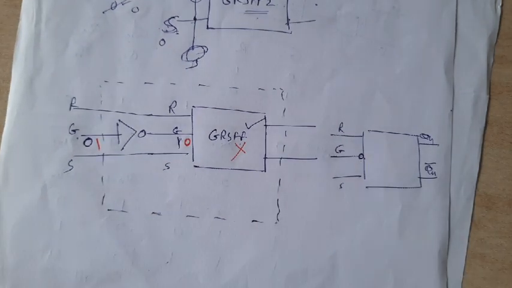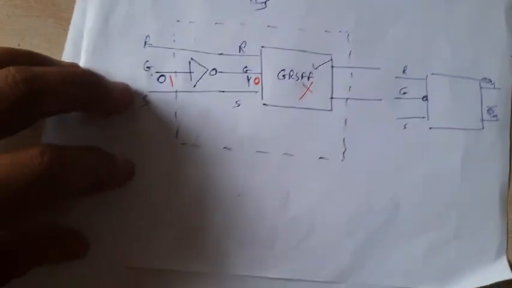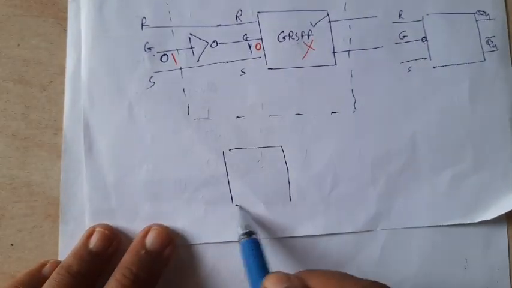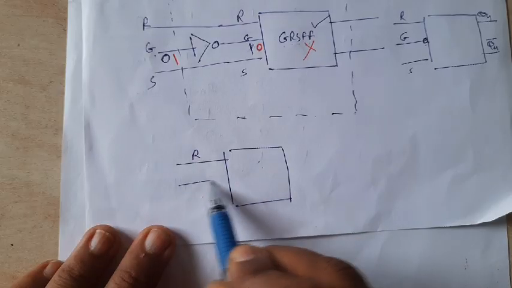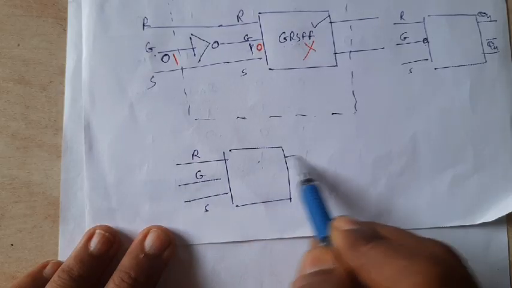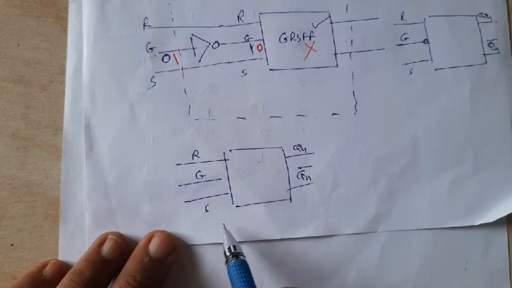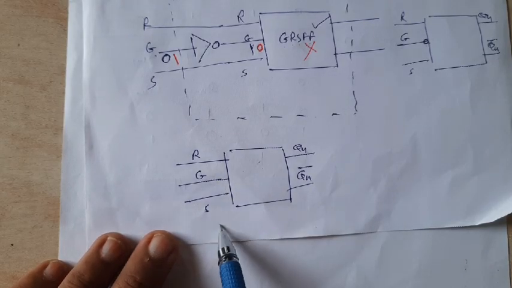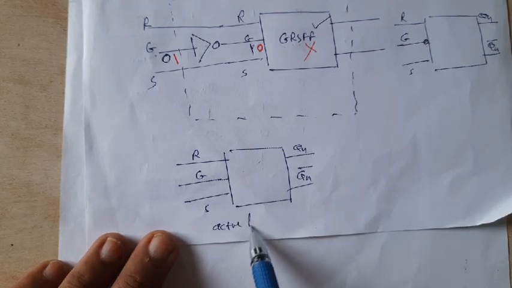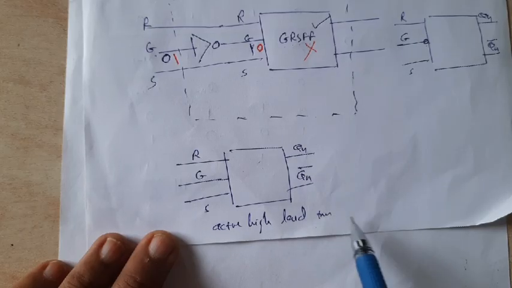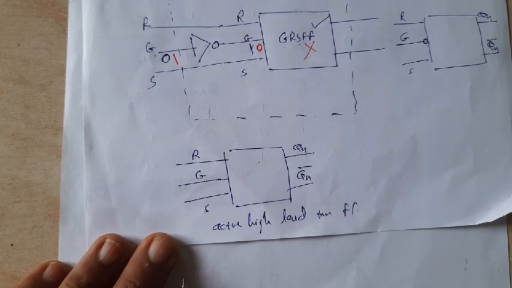As a conclusion, if the flip-flop is something like this, R, G, S, Qn and Qn bar, this is known as active high level triggered flip-flop. What it indicates?